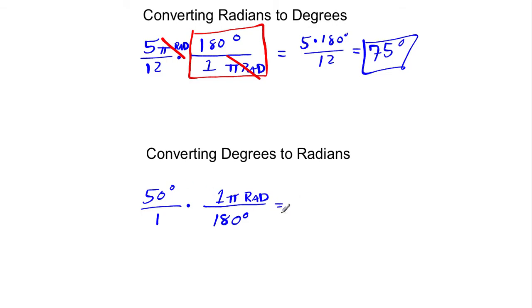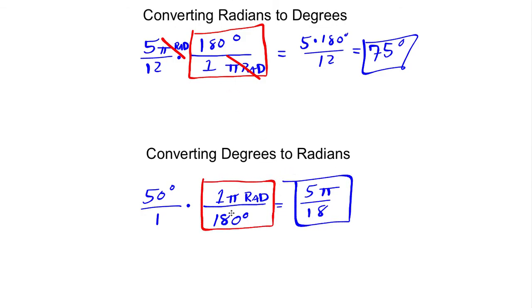So degrees cancel out, and I'm left with 5 pi over 18 radians. That's my answer. Yet again here in red, that's our conversion factor. Notice these two are equivalent. So this fraction is actually the same as 1.